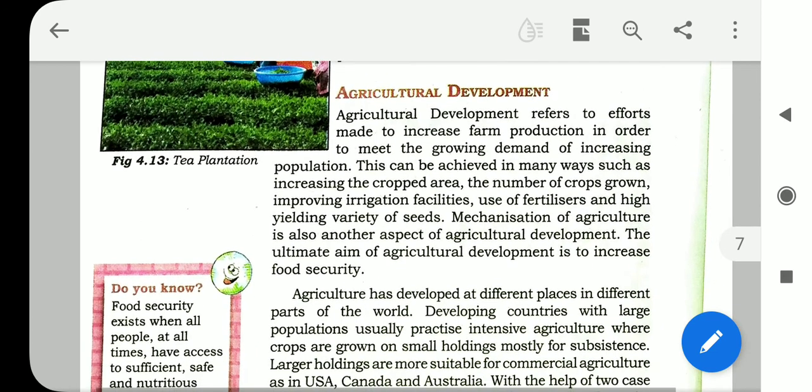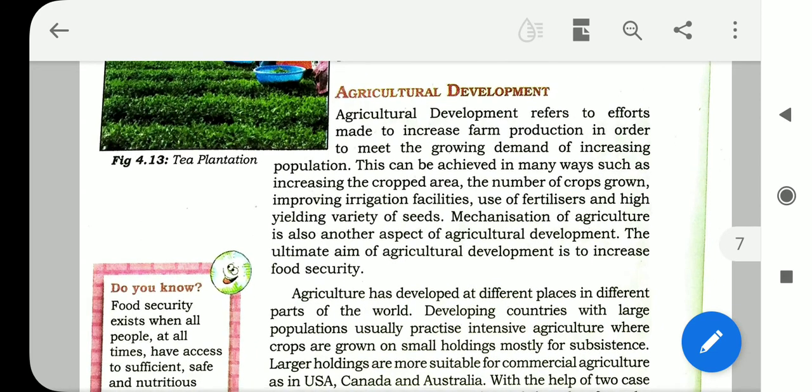You see, human beings are always doing agriculture, but what is the meaning of agricultural development? Agricultural development means the development of the people and the system. These are the things in case of agricultural development that I want to read.